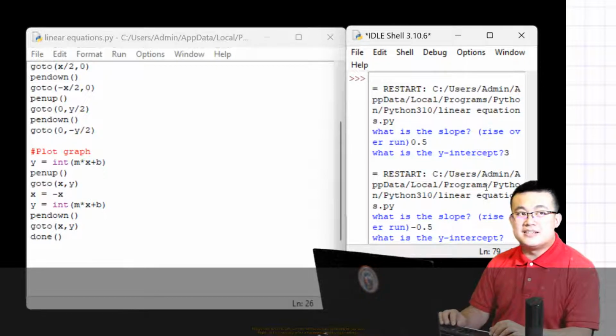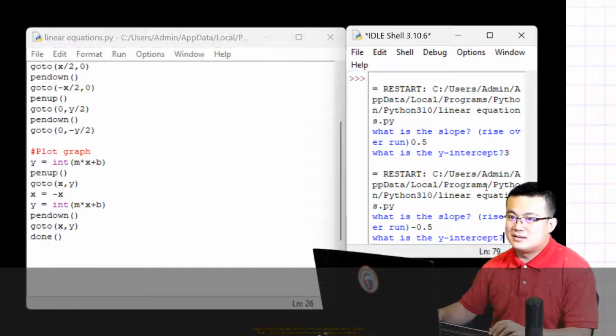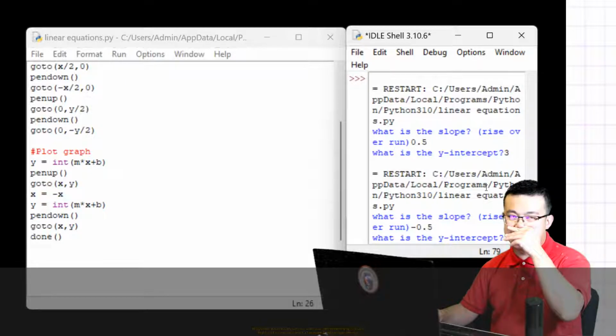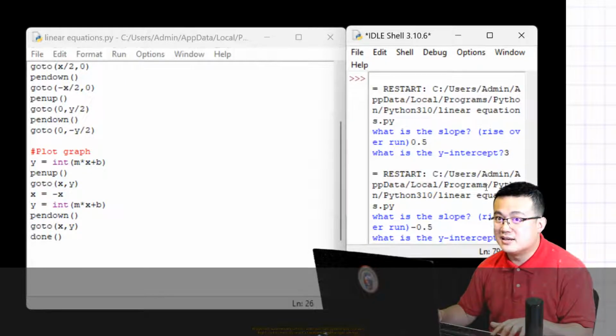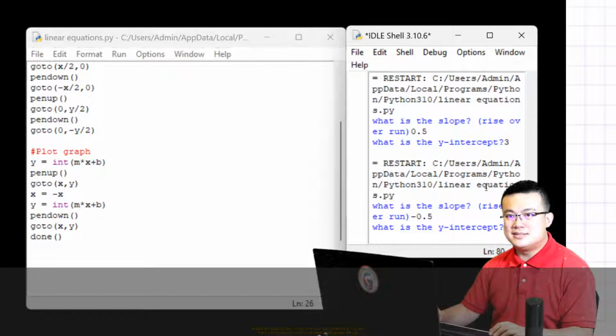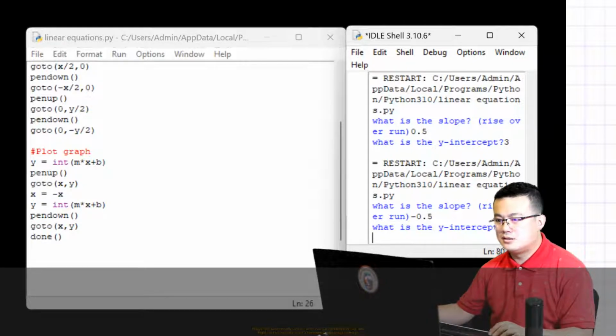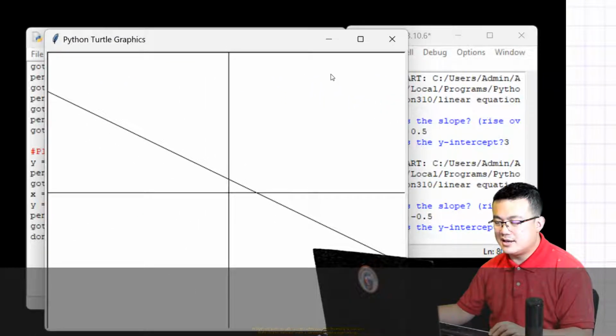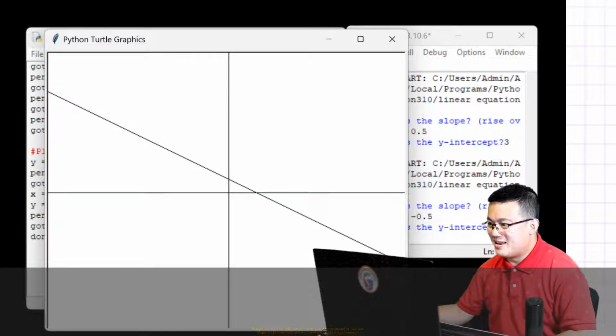And then the y-intercept, let's make it like 20, because the pixels are a little bit hard to see. I'm going to run that. And it animates. It is so cool. I'm going to now drag this across. Ta-da! It has drawn my graph live without having me use a scientific calculator.